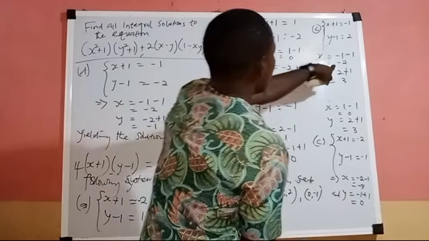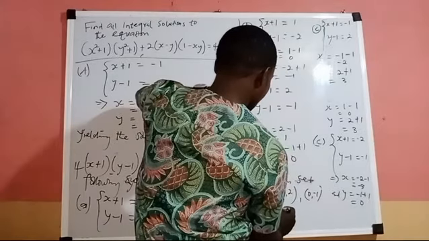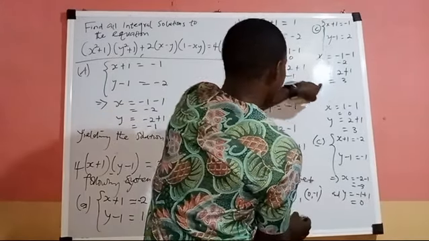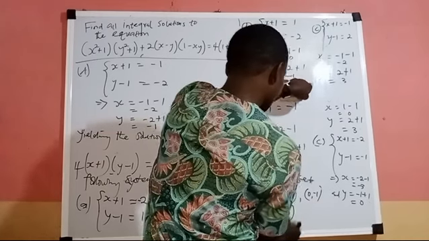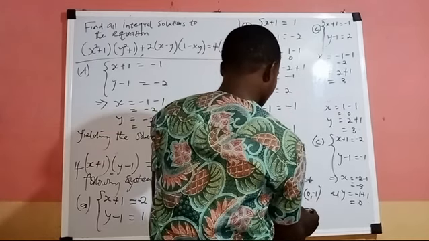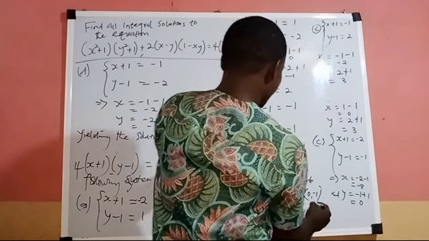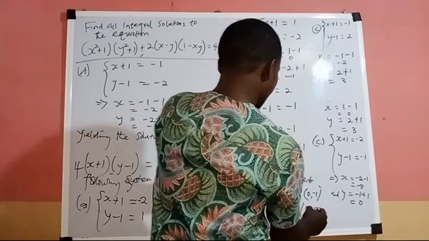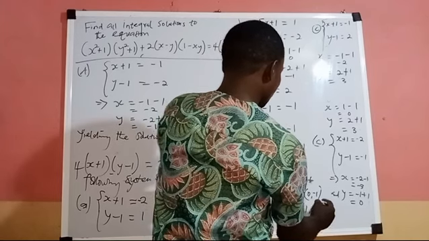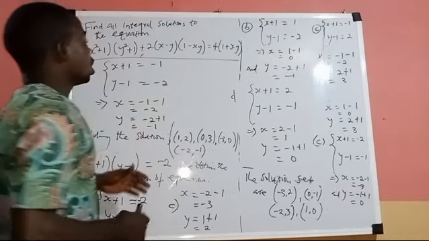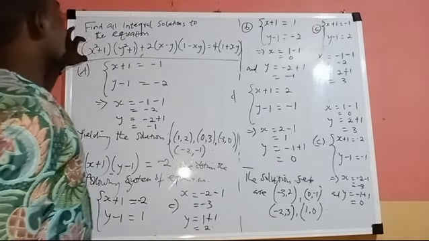Then the third one, we have that our x is equal to -2 and our y is equal to 3. And then for the fourth one, our x is equal to 1 and our y is equal to 0.